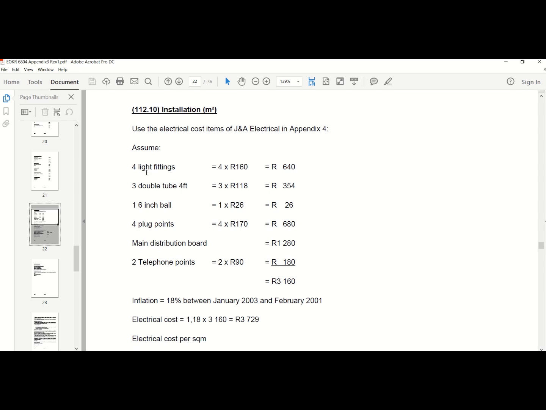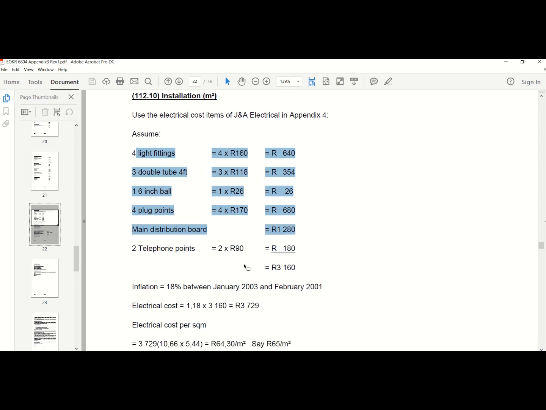You don't necessarily have to use this. You can use your installation cost, total installation cost. Obviously you would take out the items that I showed earlier on, like for instance your air conditioning, and also if it's specified your main connection, you would take that out to get to a total rate that you actually divide with the square meterage of that building.